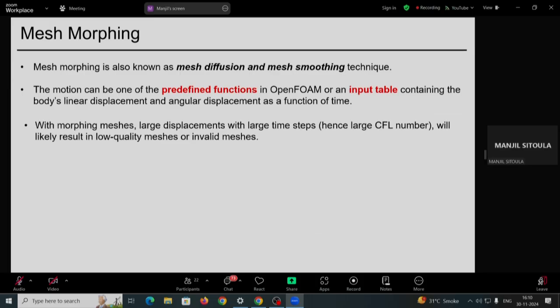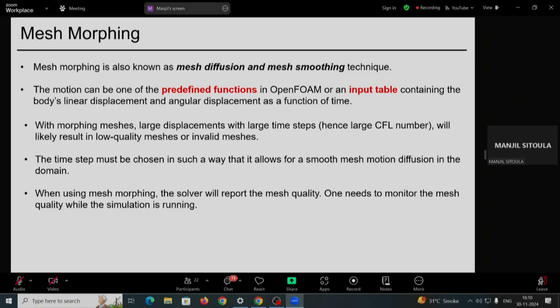We also need to monitor the CFL number, because large time steps or bodies involving large displacement will lead to low quality meshes. So that's the point: we need to check the CFL number and the mesh quality while using mesh morphing.